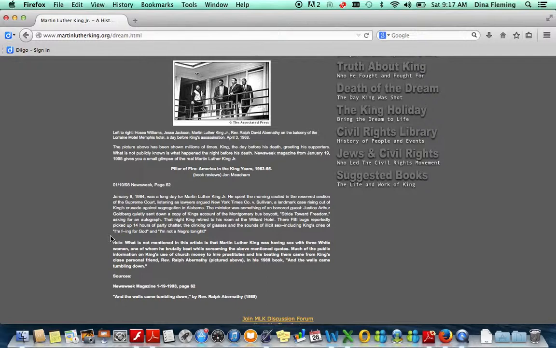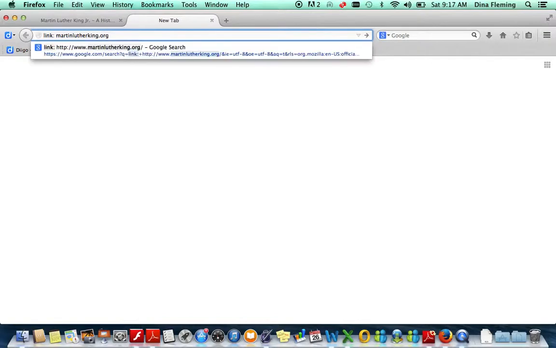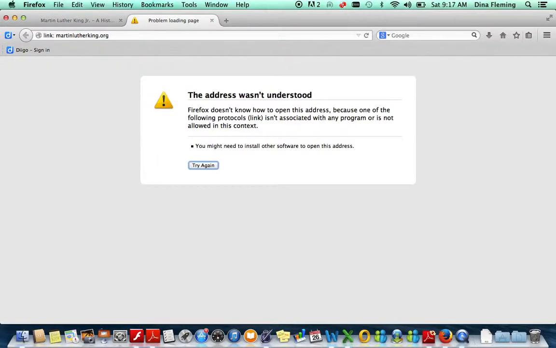Backlinks really reveal a hit list of sites that are discussing this page, martinlutherking.org page, and seeing what they have to say about it. So what we would do in order to have a quick backlink check is we would open up our browser and we would type in link: martinlutherking.org, and we would see how many other people are linking to this page.